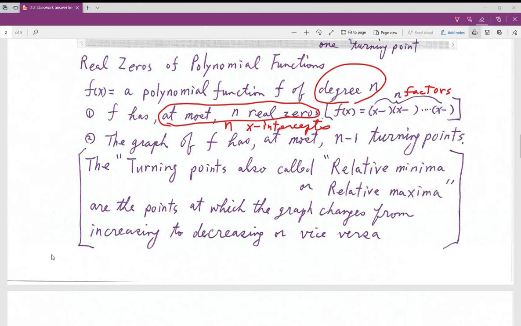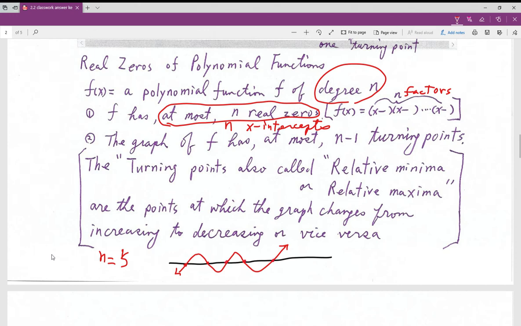So when you have n equals 5, for example, you have this: 1, 2, 3, 4, 5.